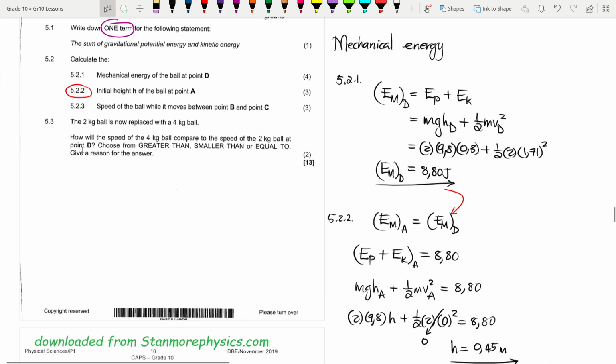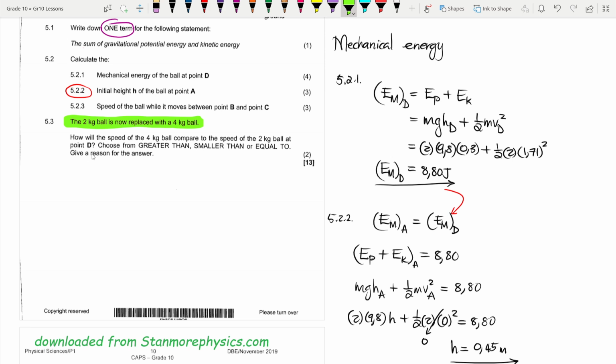It says the 2 kg ball is now replaced with a 4 kg ball. Okay, you see, they like these questions a lot. Changing the mass. So now we are increasing the mass. Immediately, what are you thinking before you even read the statement below? What do you think they want to ask you, and what is your answer basically?